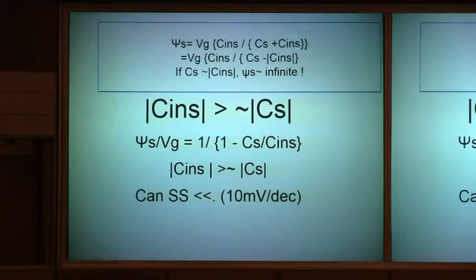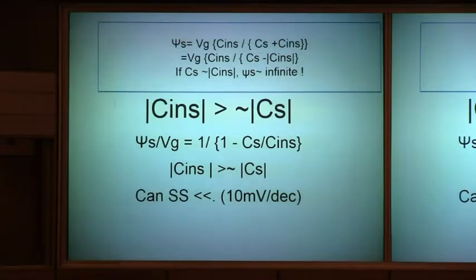However, because this is a negative capacitance, if the negative capacitance is close to the positive capacitance, this term can become 0. So the voltage could be infinity. So this is a tremendous amplification by using a negative capacitor. This is a simple equation that describes this.